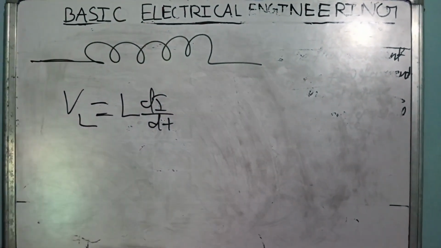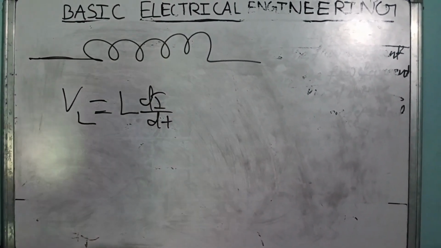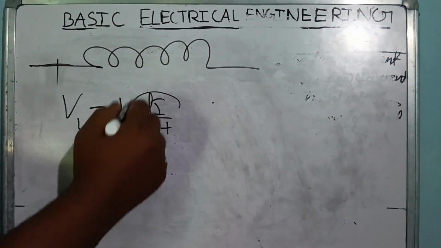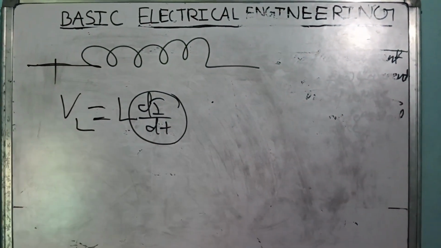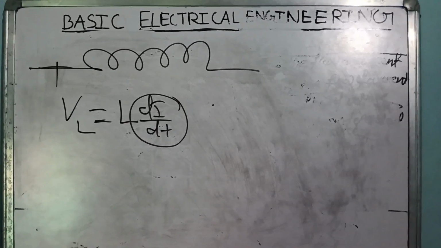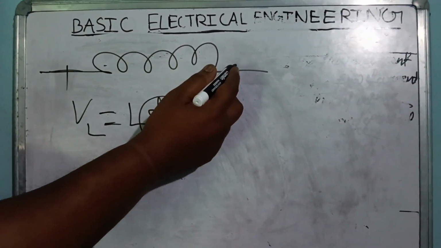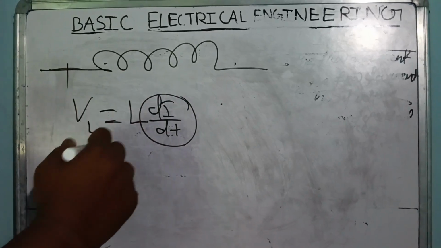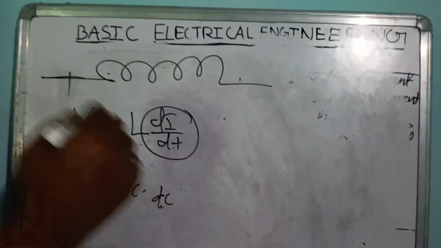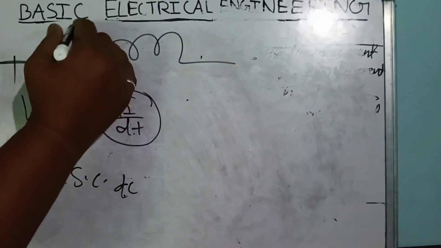So in the inductance, rate of change of current takes place. If this applies to DC, in DC there is no change in current, so the voltage is zero. It will behave as a short circuit. The inductance will behave as a short circuit in DC.